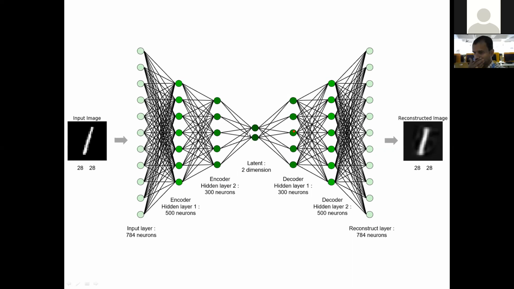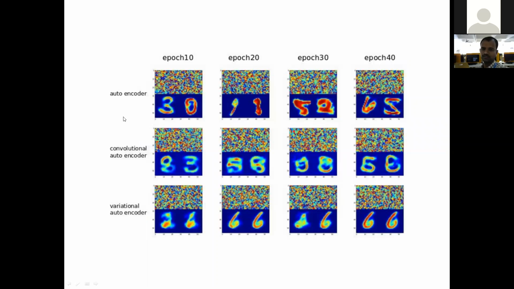After we apply the sigmoid functions and the tangent functions, we start decoding it. Again 300 neurons get decoded here, 500 neurons are getting decoded here, and the last reconstruction happens, and we get the output here.